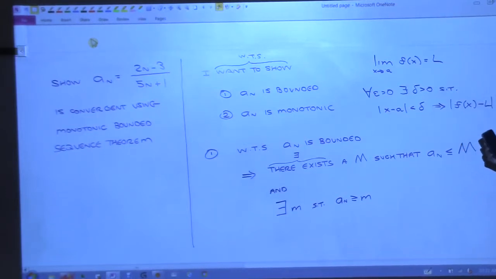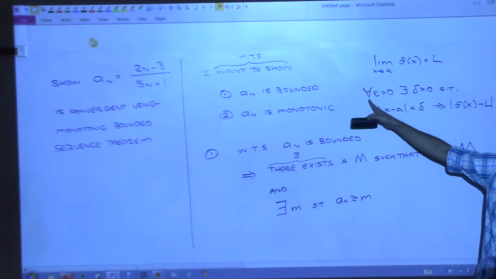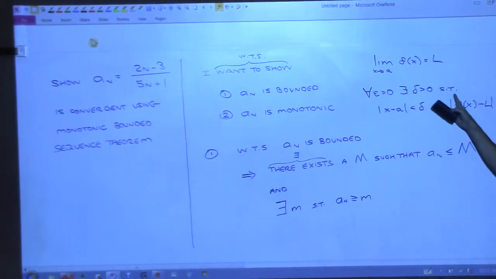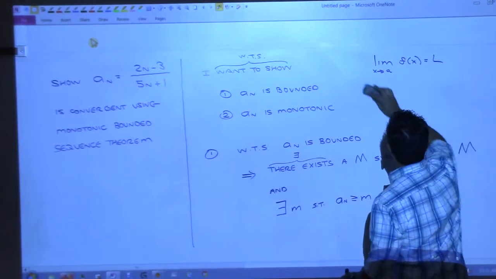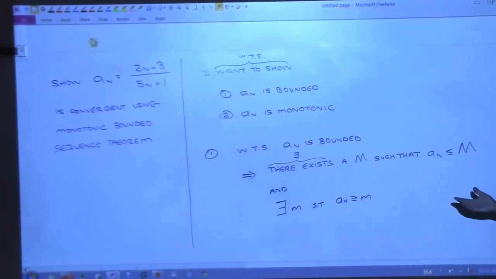It's like a little language, but a lot of it is just abbreviations. This means for all, for every. There exists. Such that. I'm just showing you some of the notation. There's nothing wrong with it. Don't make it worse than it is.